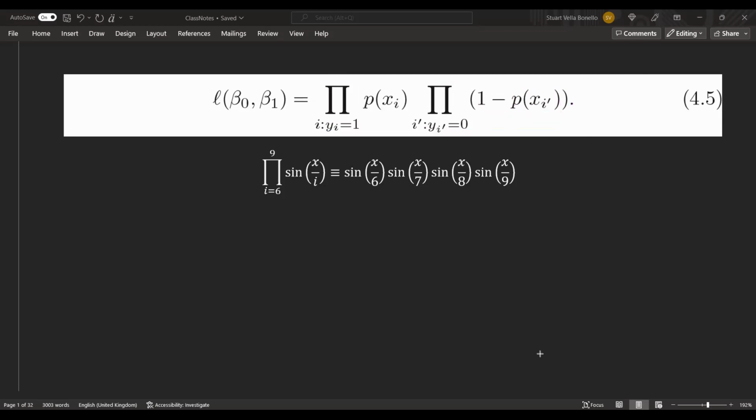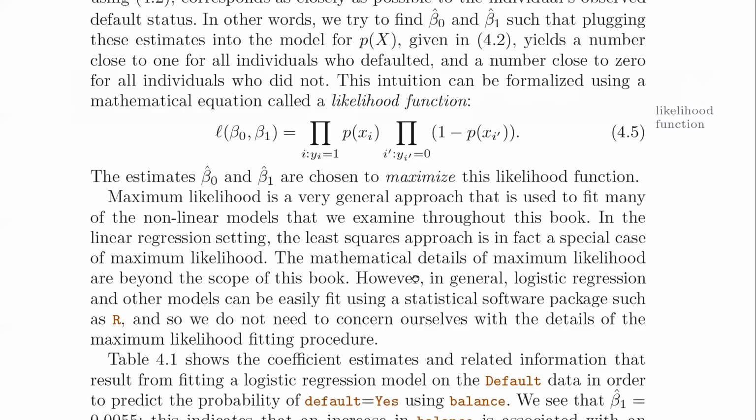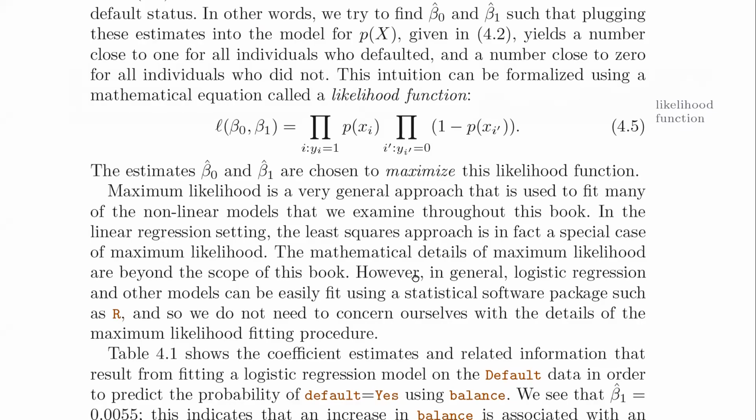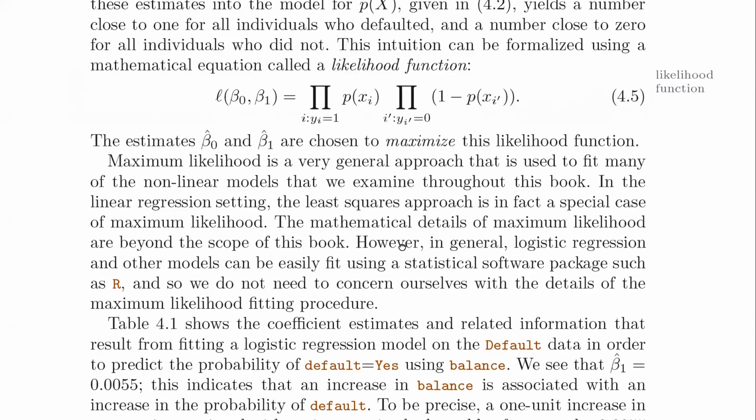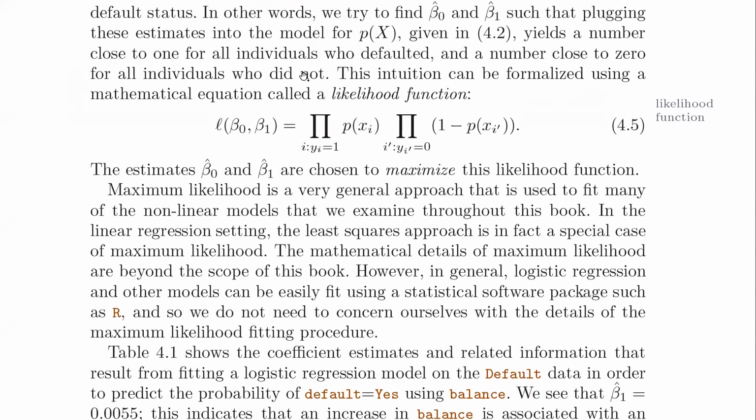Don't worry. I'm sure the book is going to do a better job than I have right now. And the idea is you want to maximize the likelihood, right? I don't know if intuitively this makes sense, but you want a beta naught and a beta 1 that maximize the likelihood, because you know this happened.